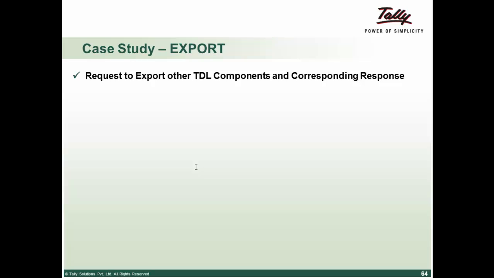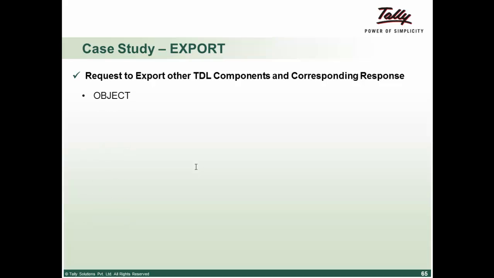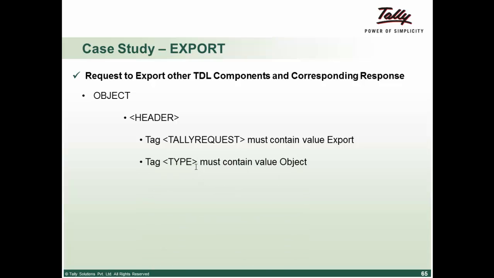Request to export other TDL components and the corresponding responses. So we just saw the collection. We can do it with the object, we can do it with function also. For object, we just saw about the collection. For object, we require the tally request tag, and that should contain export. Type must contain object and must contain the subtype.